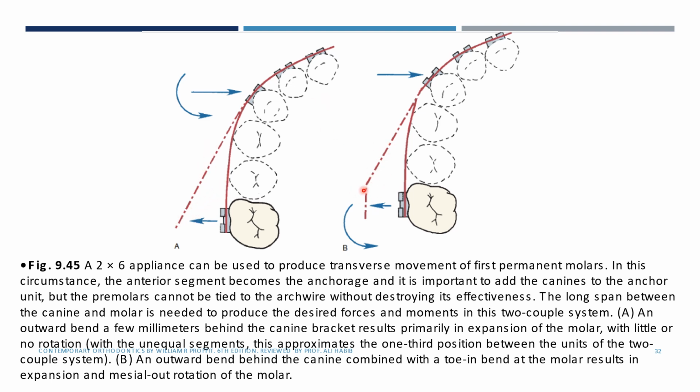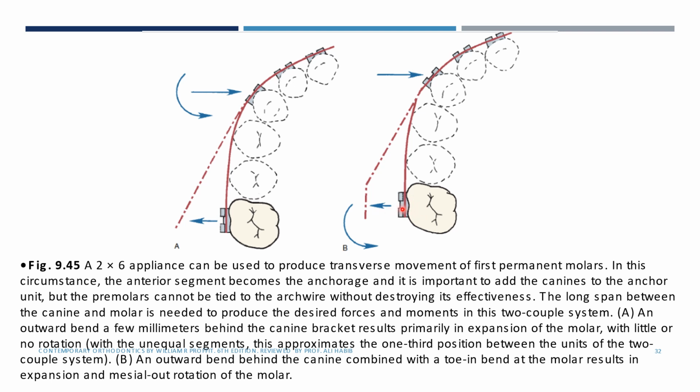If we want to do something different, we still can do the same configuration, but with a V-bend closer to the molar. If we make the bend closer to the molar here, what will happen? Of course, the V-bend apex should be directed in the opposite direction, buccal. So when we have it buccal, the tooth closer to the V-bend will experience what?